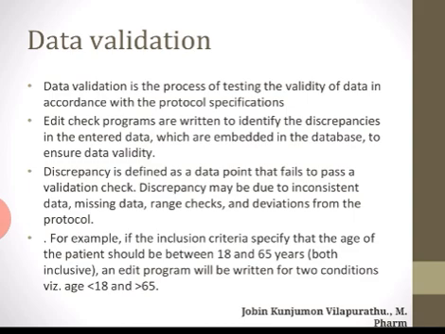Otherwise, we are recording FBS values, which have a usual range. If somebody writes an abnormally high FBS, like 723 milligram per deciliter, the program will give an edit check. That is a range check; the range is not consistent.